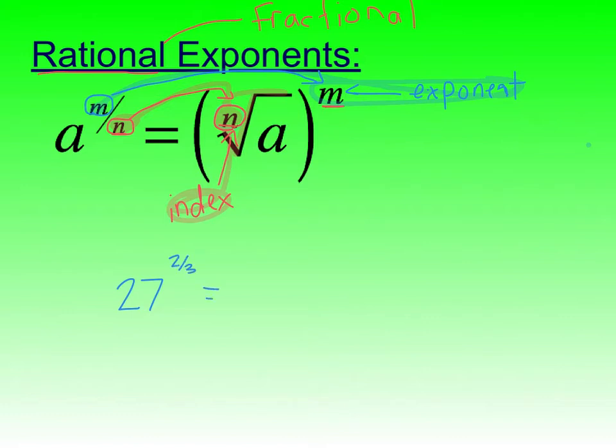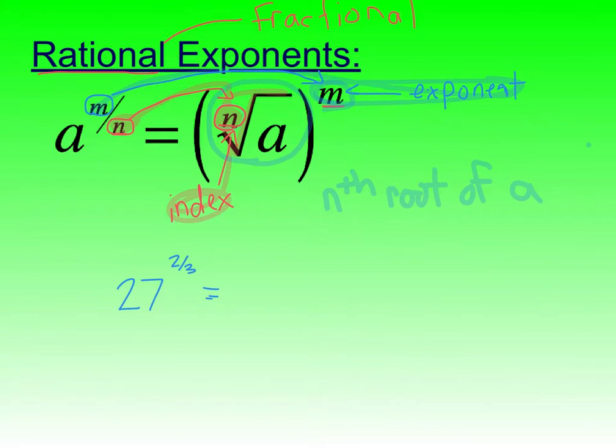By the way, the way you say this is the nth root of a, and then to the m power would be the value there. So here, this is 27 to the 2/3 power.